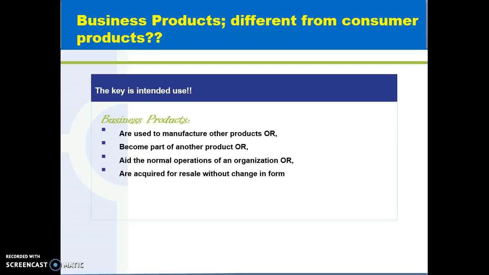One mistake we would make is to think that steel or aluminum or forklifts or ladders are business products, whereas pencils and furniture and crockery and books are consumer products. That is not true, because all the consumer products can be business products as well. The primary difference is actually the intended use, for what purpose you are going to use that particular product.